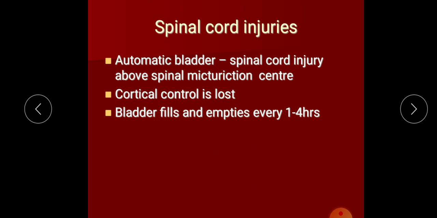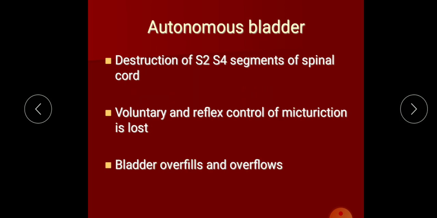If the spinal cord injury occurs above the spinal micturition center, then you get the automatic bladder. In such a case, this cortical control will be lost and the bladder fills and empties every 1 to 4 hours. So that is the automatic bladder.